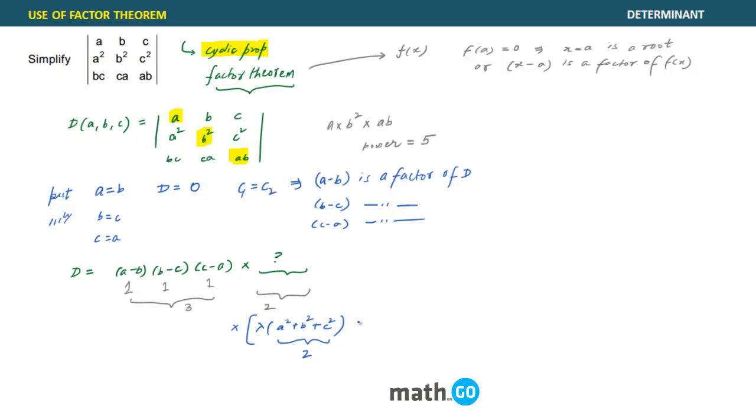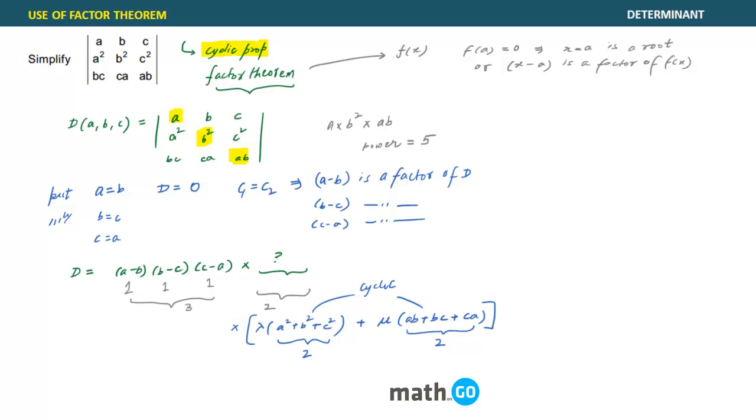Or you can have mu times ab plus bc plus ca, where I'm figuring out the values of lambda and mu. Now each term has power 2 and this is completely cyclic, which is the requirement. So now your target is simply to find the values of lambda and mu.